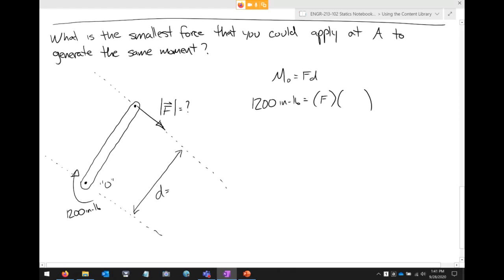And so what is D in this case? 24, exactly, 24 inches, because that's how long the lever is. So therefore, F is what?